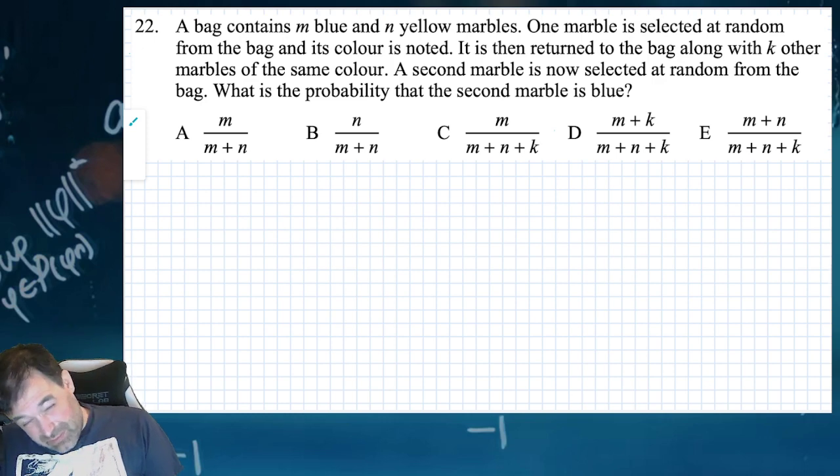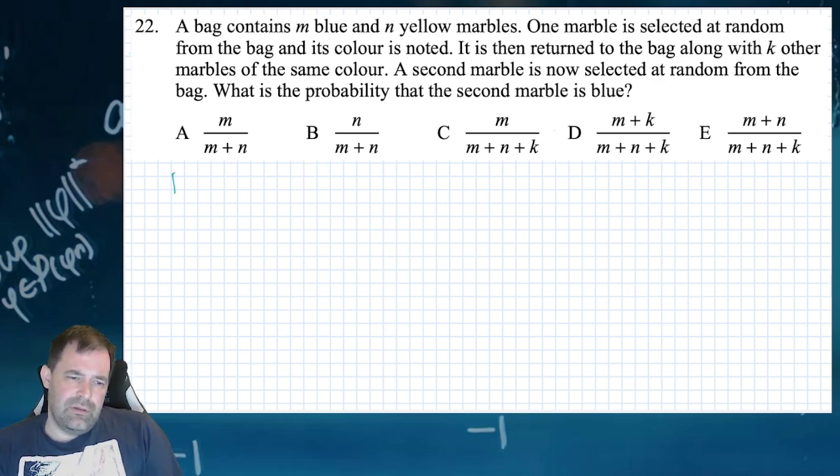Alright, let's think about it. So let's assume that it's blue given first is blue. You think k cancels out? Then it's probably going to be A then, if k cancels out. It's going to be A or E, I think.